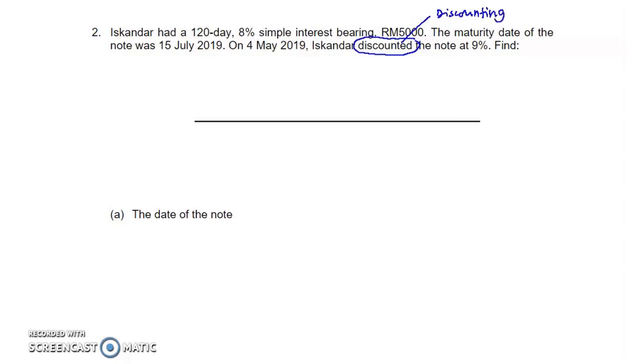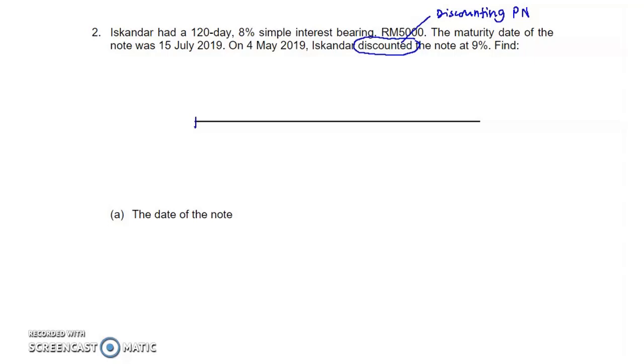Okay, so as I said before, to ease you, extract the info and put it in a timeline. Here must be the date of note. Is there any date of note given? 15 July is the maturity date, so there is no date of the note.